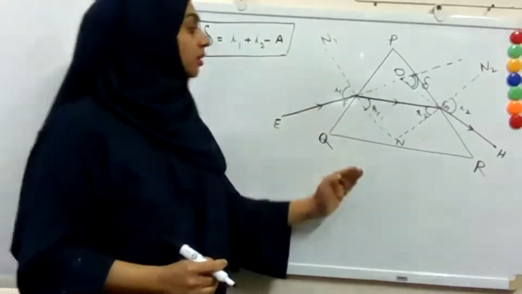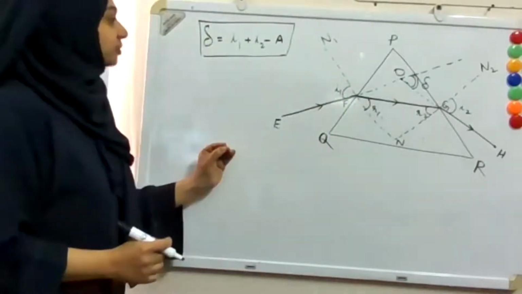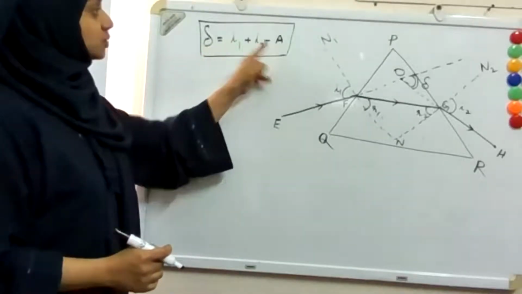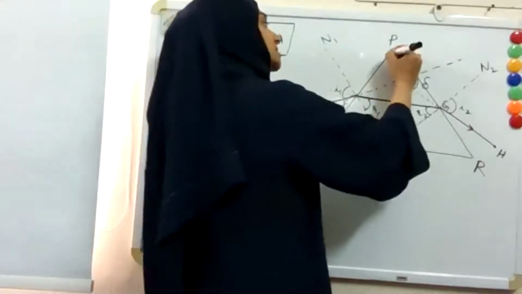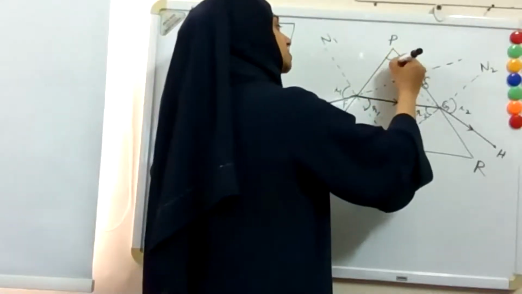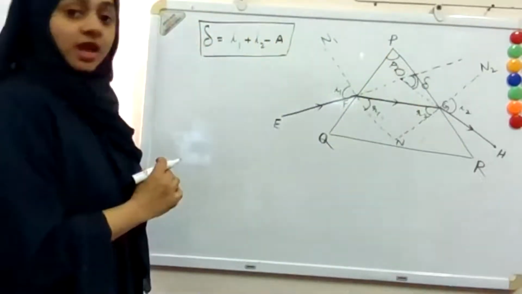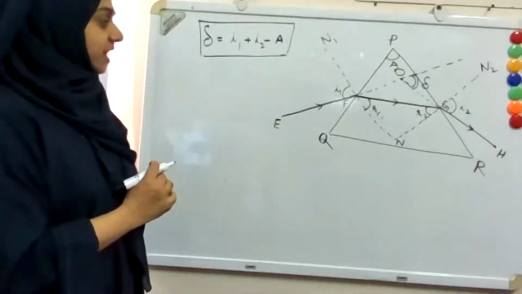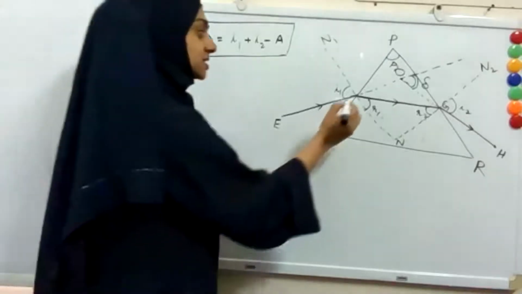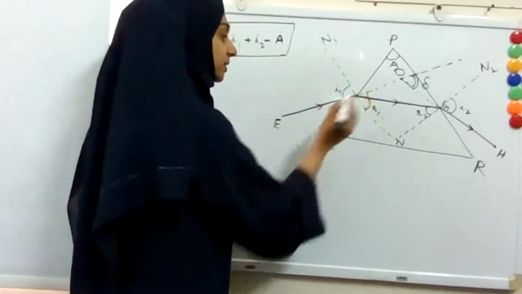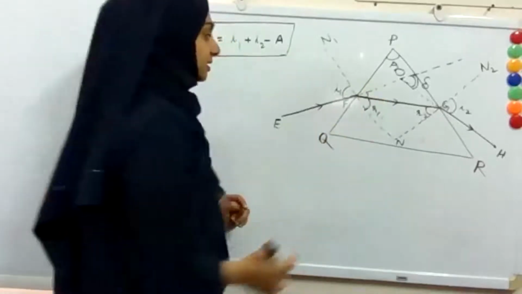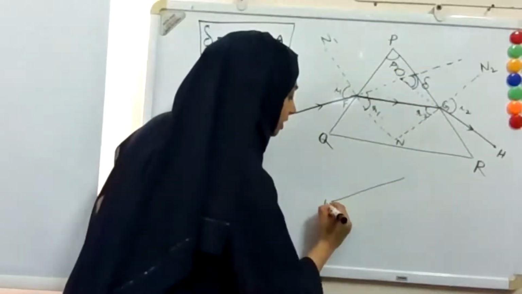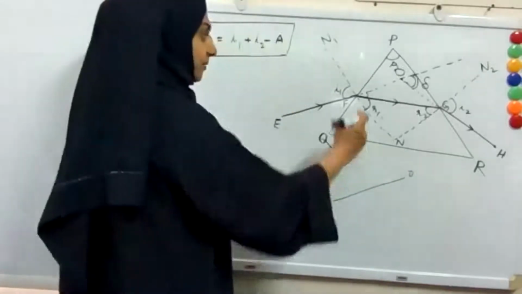Yes, clear. Okay. Now we have to prove that delta is equal to I1 plus I2 minus A. What is A? A is this one, the angle of the prism. Now, in order to prove that, consider this small angle. Here, EO is this line.